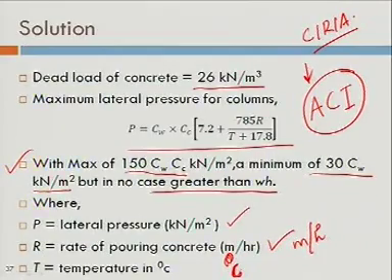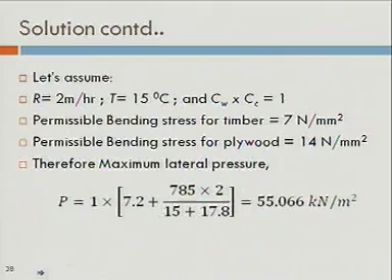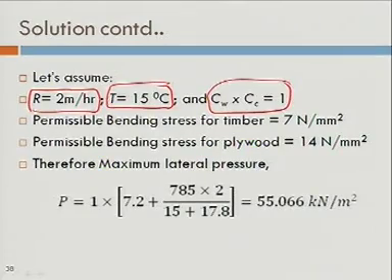Okay, so you can assume some value of T, some value of R. In fact, I will give you those values. Let's take this R as 2 meter per hour rate of rise, T as 15 degrees Celsius, and this Cw into Cc you can take it as 1 directly.